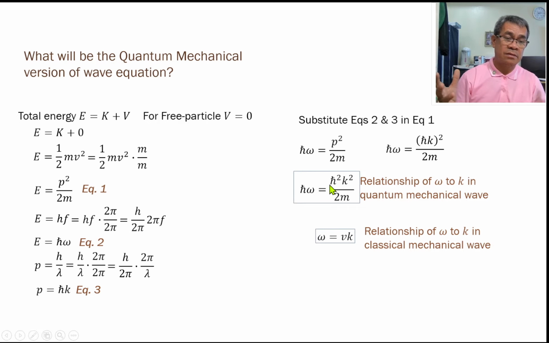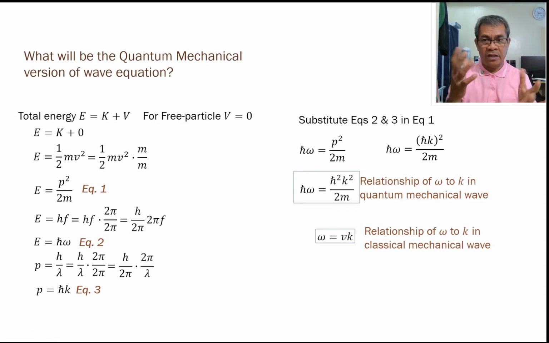So in other words, we need another wave equation for the quantum mechanical system. So the question is, what is that? Okay, and that is what we are looking for. But take note, the requirement is h bar omega is equal to h bar squared times k squared over 2m.